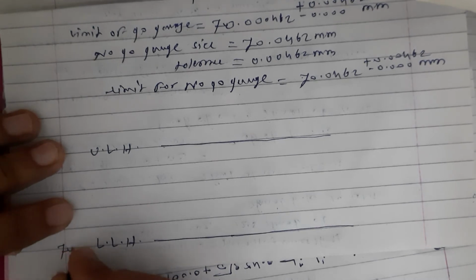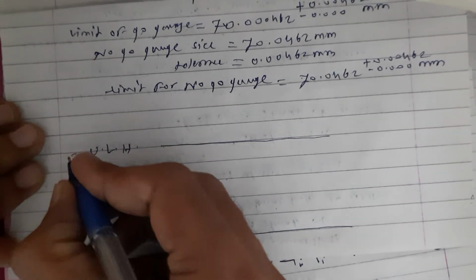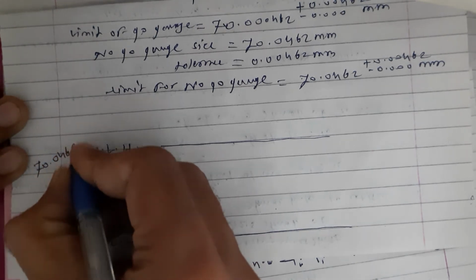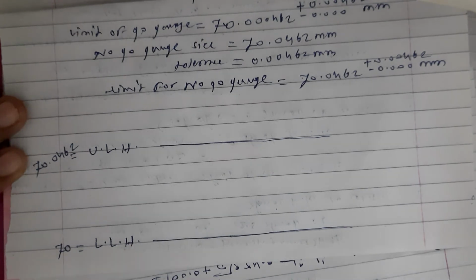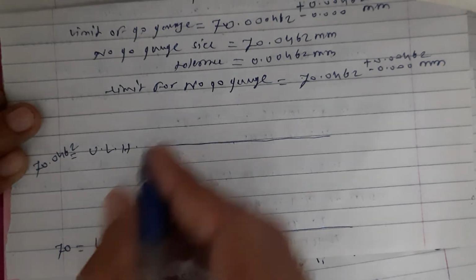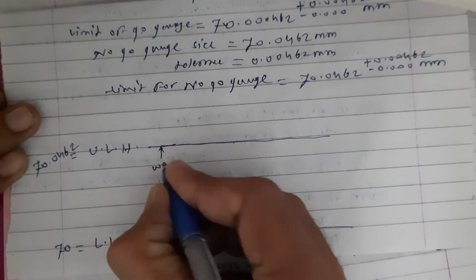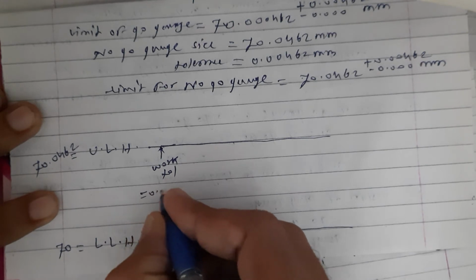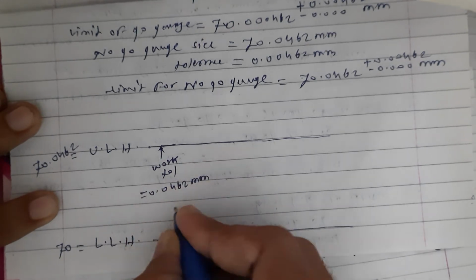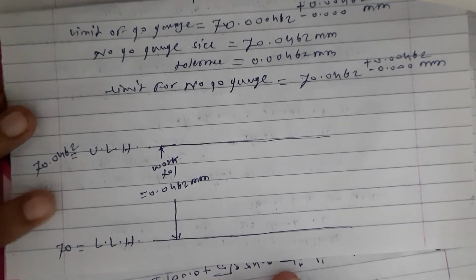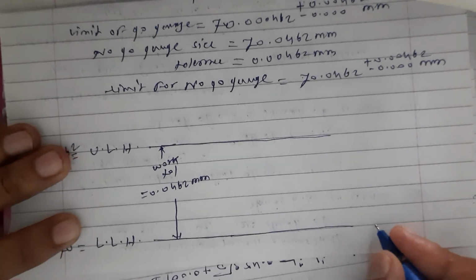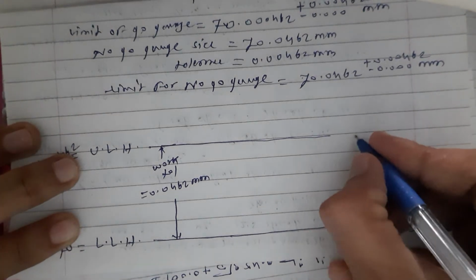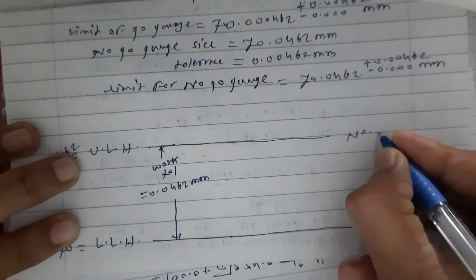The lower limit of the hole is 70 and the upper limit of the hole is 70.0462. In between is the work tolerance, 0.0462 mm. The lower limit of the hole represents the go gauge and the upper limit of the hole represents the no go gauge.